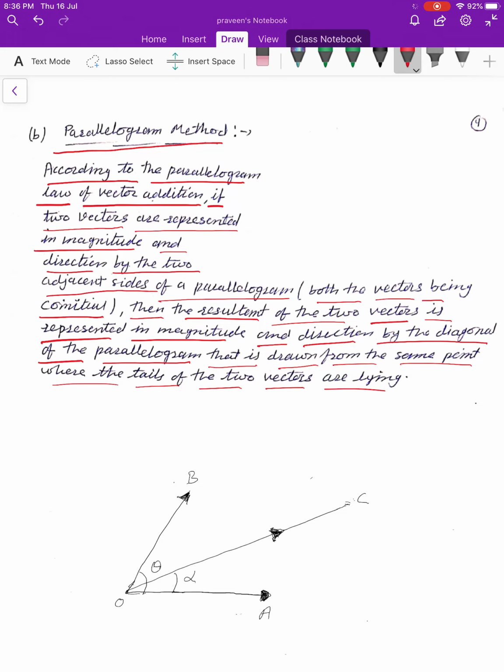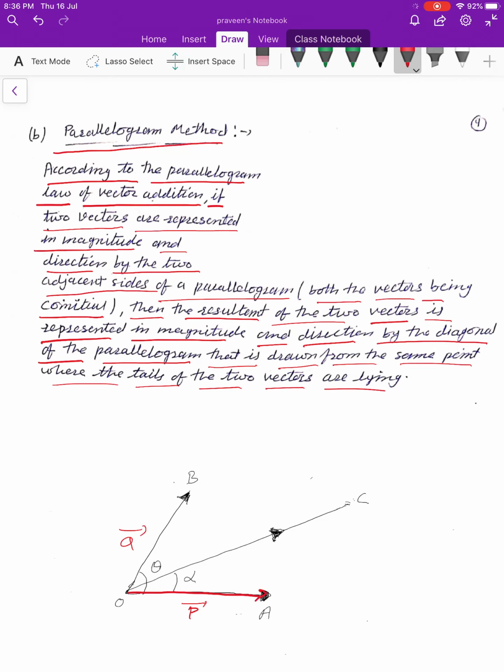Let P vector and Q vector be the two vectors to be added using the parallelogram method. Both the vectors P vector and Q vector are joined tail to tail.